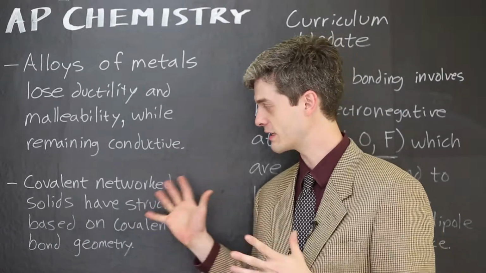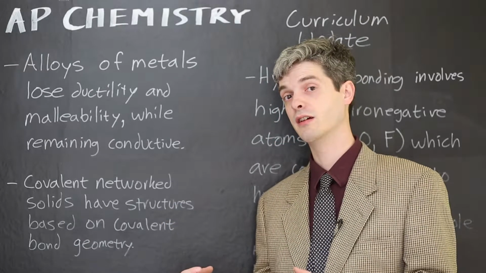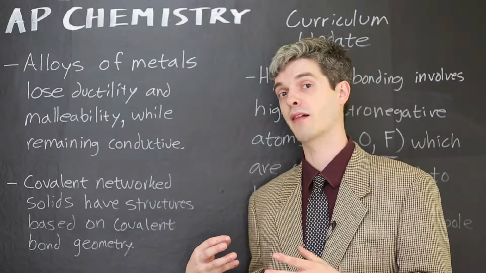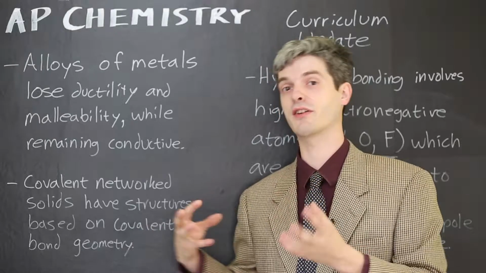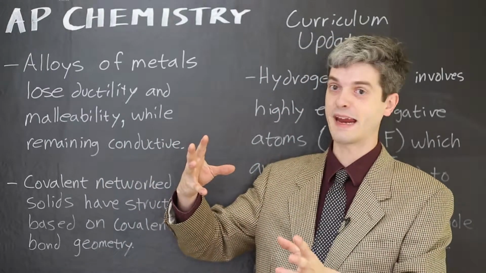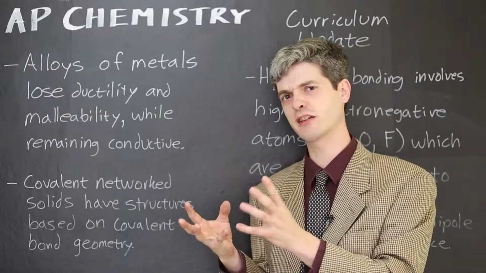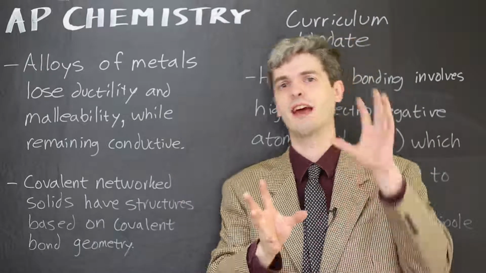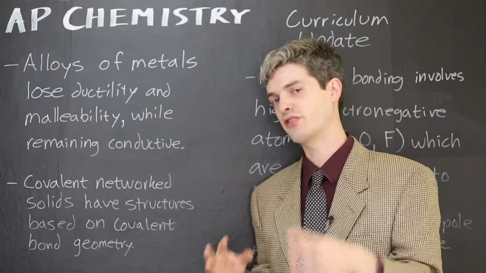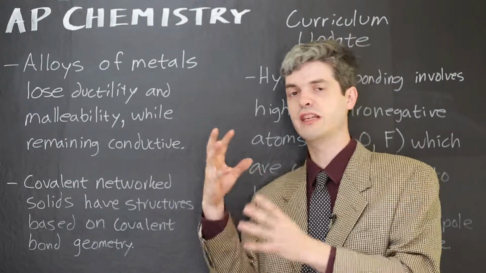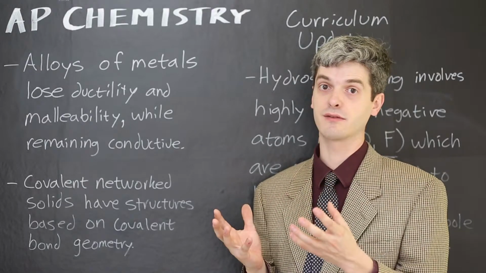So basically, what this language wants you to consider is the covalent bond geometry of a bunch of molecules that all have the same arrangement between atoms within them. If you take a bunch of those together and form a network solid, which is when you have all of these similarly shaped covalent molecules that are stacked, basically, the way that they stack depends on the 2D or 3D structure of covalent bonds in the molecules themselves, okay?